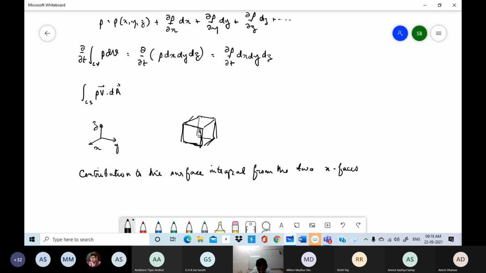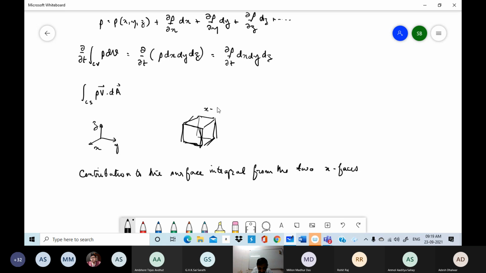So if my x, y, z is the center point, then this face is at x plus dx by 2 and this face is at x minus dx by 2.